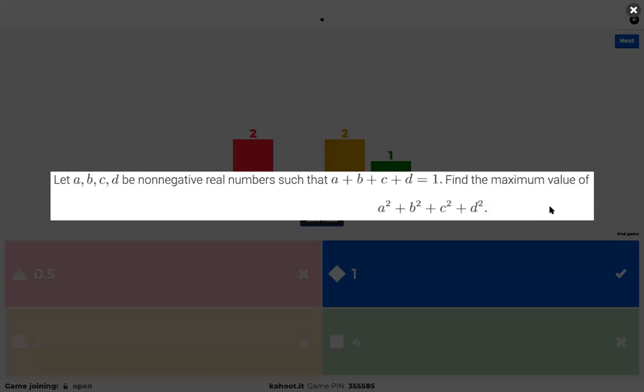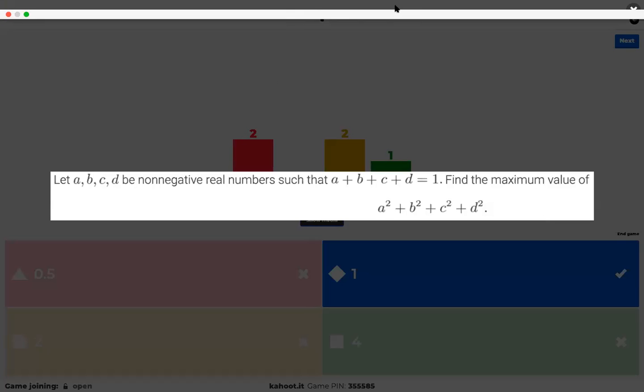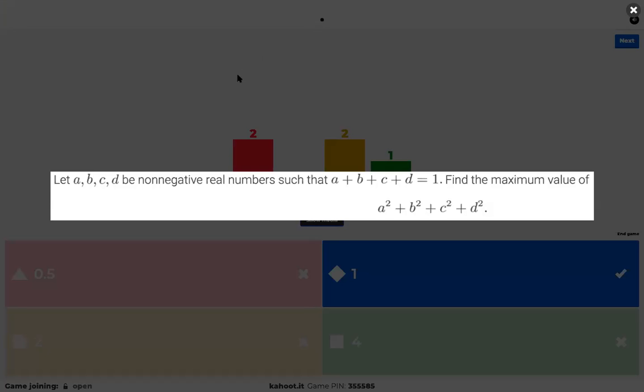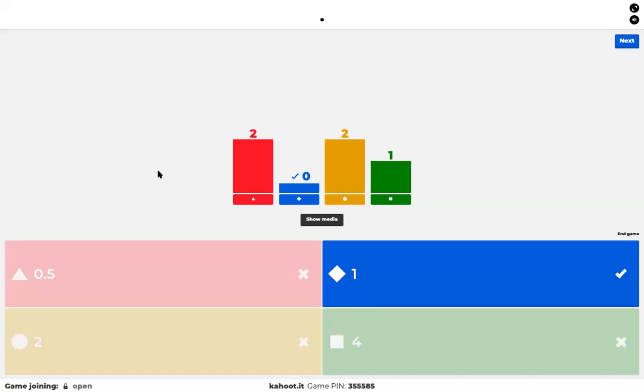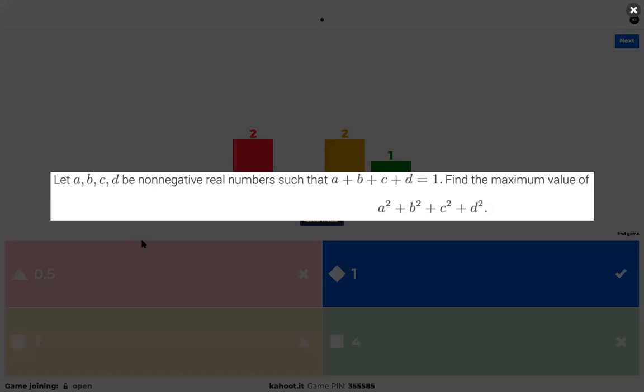Well, this is a Cauchy-Schwarz problem. I guess we better go over it real quick. I don't think it's a Cauchy-Schwarz problem because it asks for the maximum value. Oh, maximum weight. So for that, you would just need to try extreme cases. Oh wait, sorry, yeah. For this one, the important part is that A, B, C, and D are all, let me annotate, non-negative real numbers.